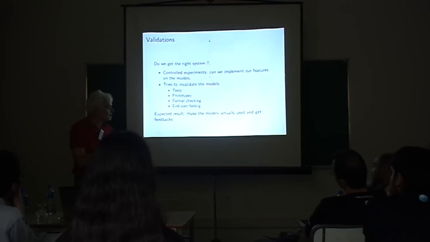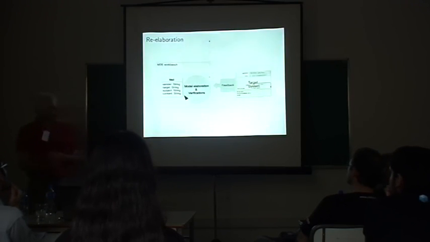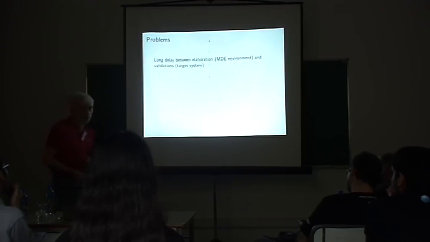The expected result is to make the system actually used and to get user feedback. With this feedback, you can come back to the drawing board and reiterate on the modeling.